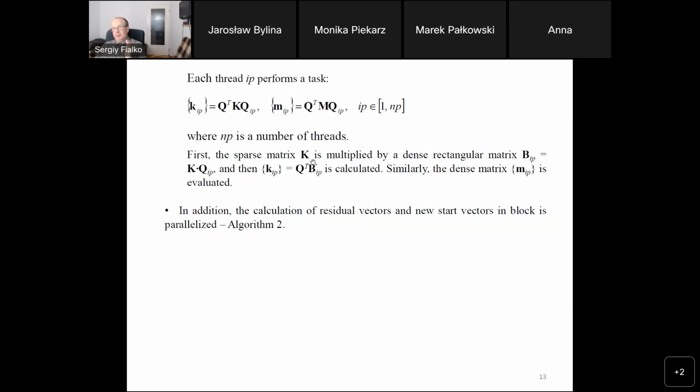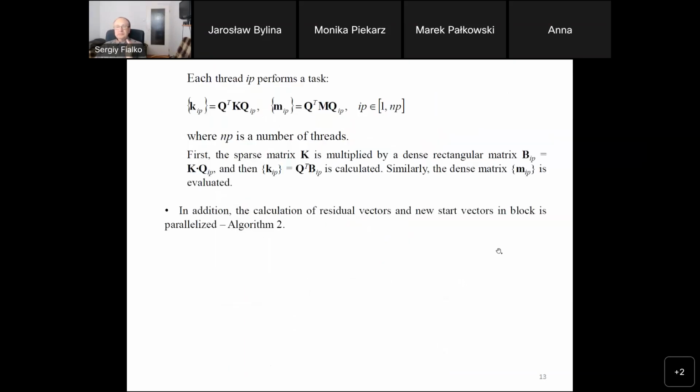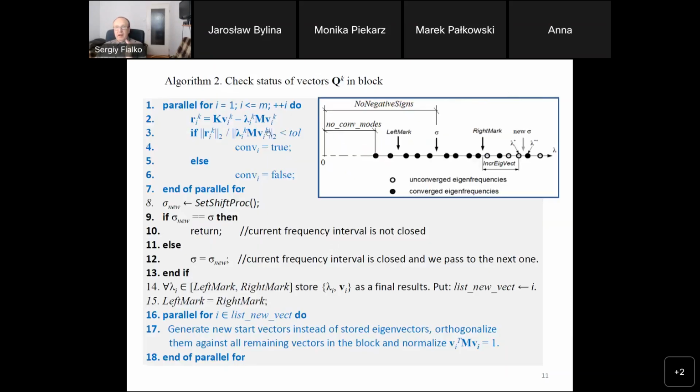Then we multiply the transposed matrix Q by the corresponding auxiliary block B_ip on the same thread ip, and obtain the corresponding part of the subspace projection matrix K. Exactly the same way we obtain the subspace projection matrix M. Then, the calculation of residual vectors and new start vectors in the block is parallelized.